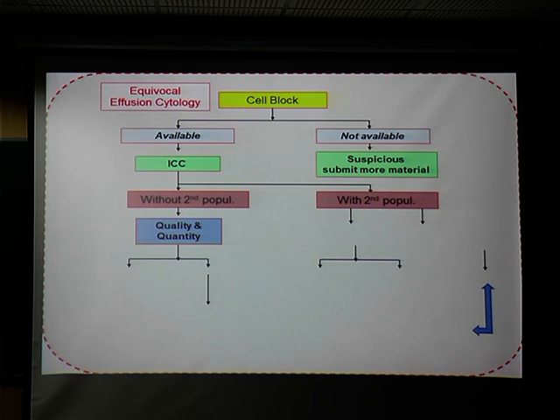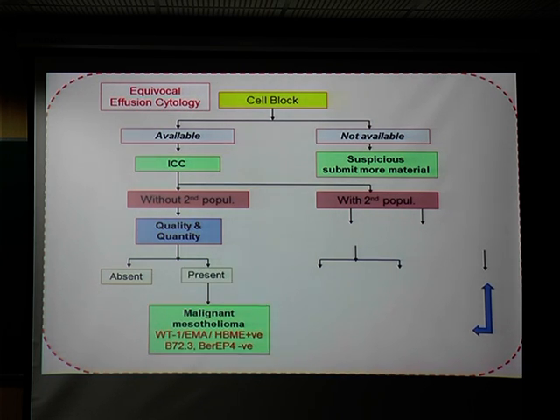With the first scenario, you have to look at the quality and the quantity of cells, which is more in mesothelioma, and then the markers that you will apply will be WT1, EMA, HBME positive, and all the negative markers that I was stressing on, which are adenocarcinoma markers, can be applied and the dilemma can be resolved.